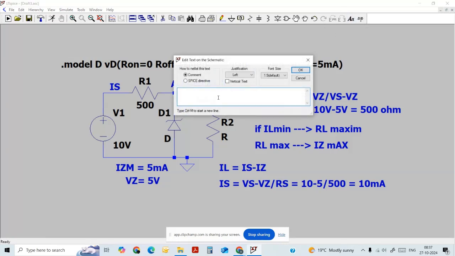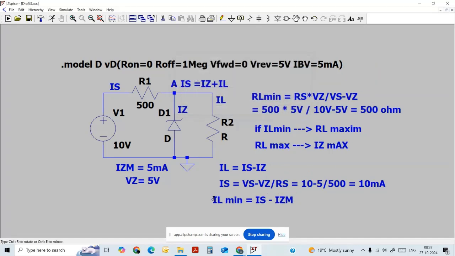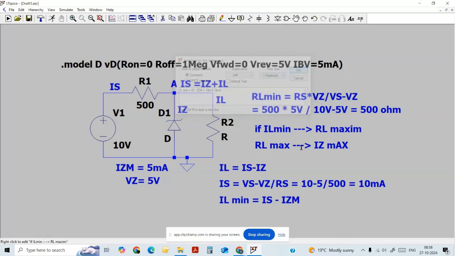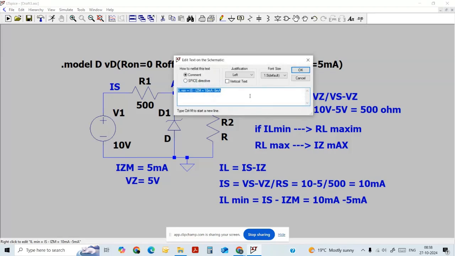Now we are going to find IL minimum, which is equal to IS minus IZ, and when IL is minimum, IZ becomes IZM. We will apply the values now. IS is 10 milliamps minus 5 milliamps, which is equal to 5 milliamps.